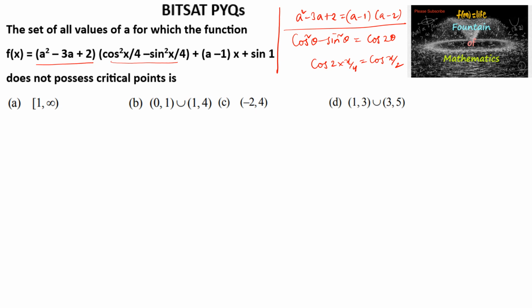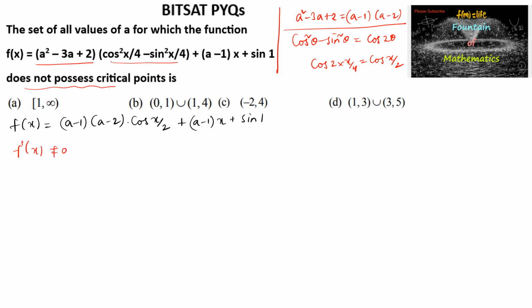So we can write f(x) = (a − 1)(a − 2) cos(x/2) + (a − 1)x + sin 1. Since this function does not possess critical points, we need to consider f′(x) not equal to 0.